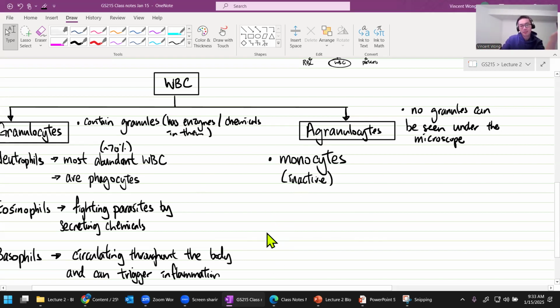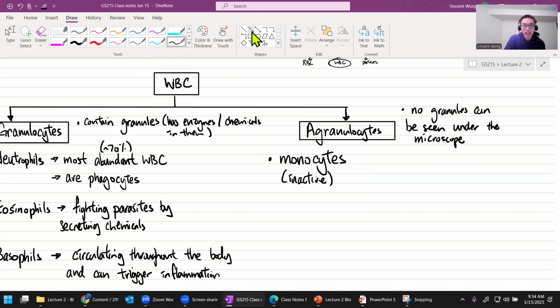So for example, the monocyte in the comic was depicted as these freshmen coming into the police academy. They don't know what's going on, right? They're just trying to train up and be strong so that they can fight. And so, they're inactive. They're not experienced. They don't really know what's going on.